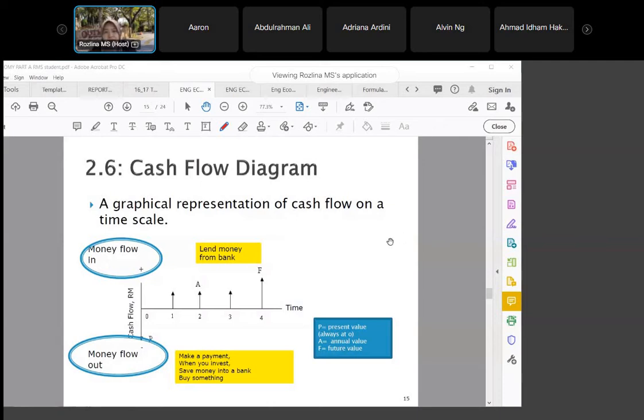Yes, right. So the cash flow diagram is very important because when you get the information given in the question or in real life, you have to know how to draw the cash flow diagram first, or we call it CFD. So in the CFD we have the scale like this, this is for the time scale.